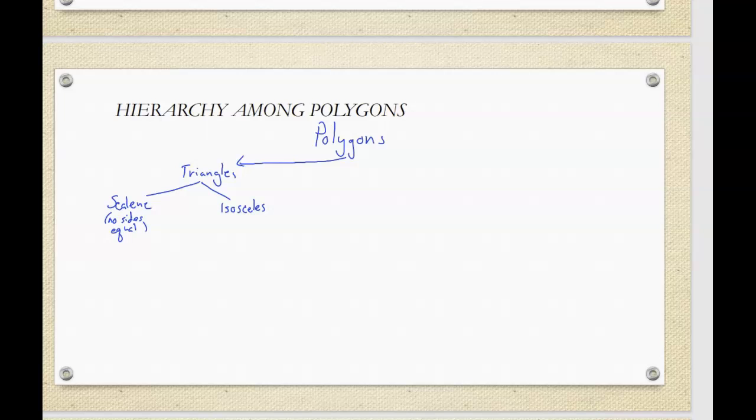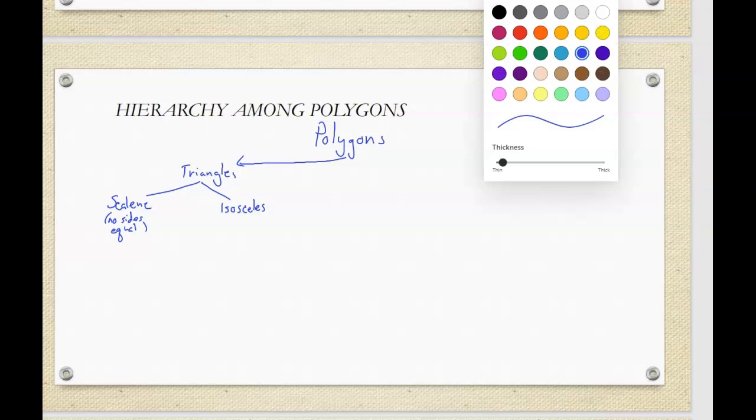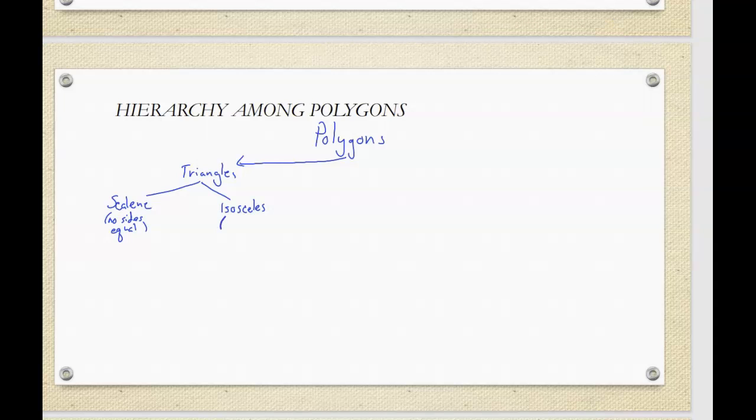And I'm going to try to enlarge my pen size because I write better if it's enlarged a little bit. Here, at least two sides equal.